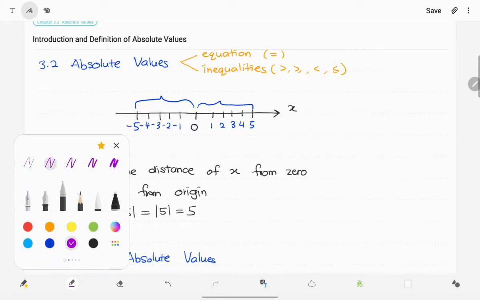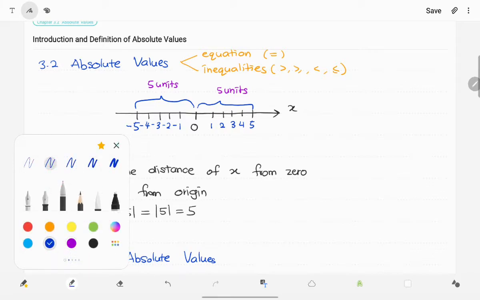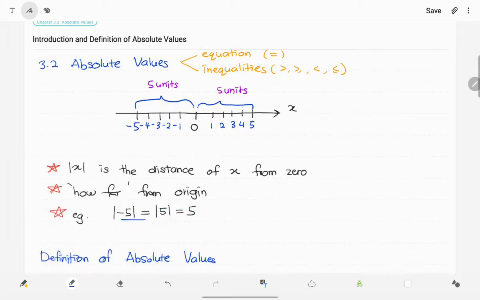So modulus means the distance. So how far? It's 5 units from the origin. 5 units to the left, 5 units to the right. That means modulus 5. Just look at our example here. That means modulus negative 5 is equal to modulus 5, which is equal to 5, because 5 represents the distance from the origin.